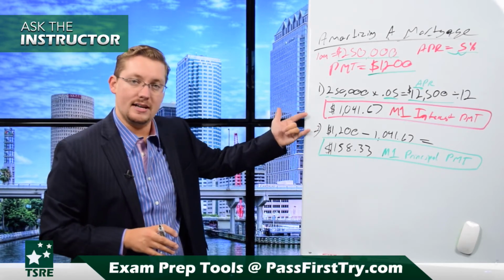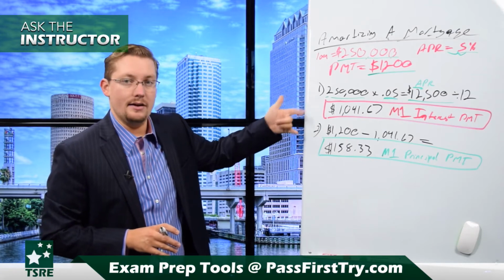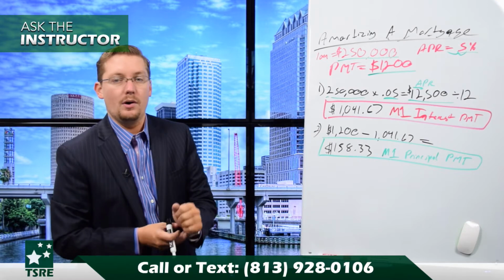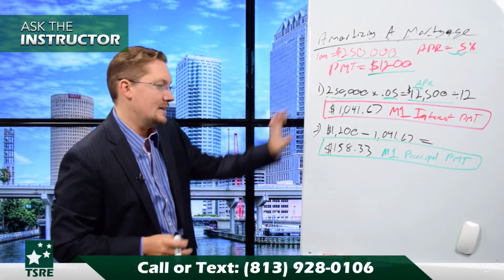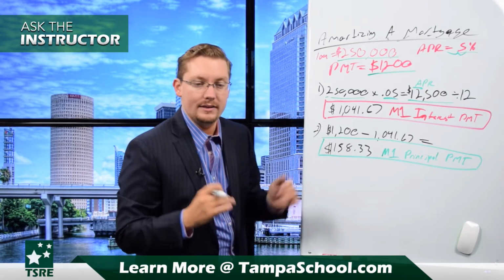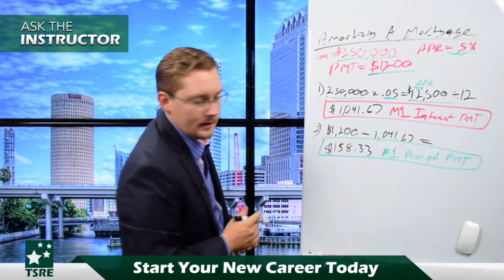You get to year 30 on this mortgage, and these numbers are going to flip-flop. This is going to be your principal, the $1,041 or some number close to that. It might not be exactly. And then your interest is going to be the very small numbers. But when you start off, again, the banks make their money up front.